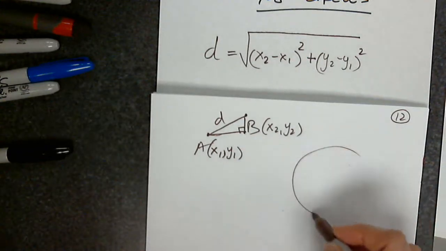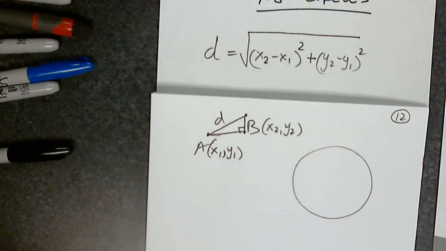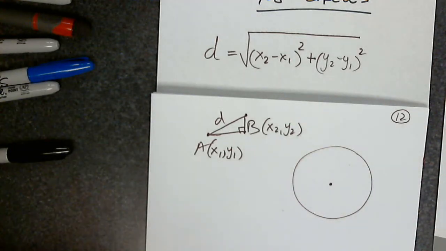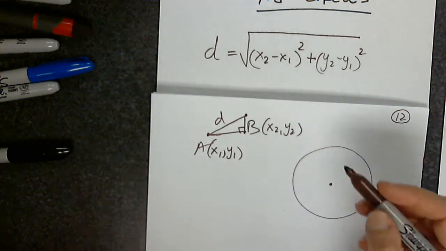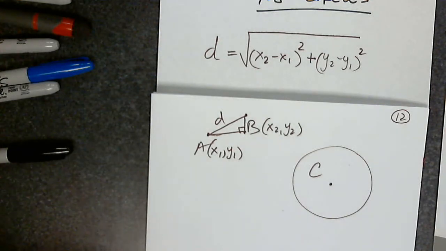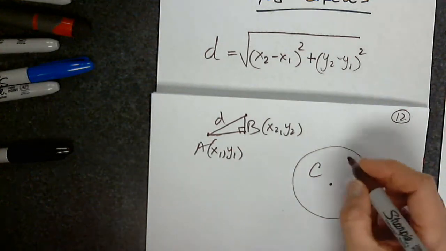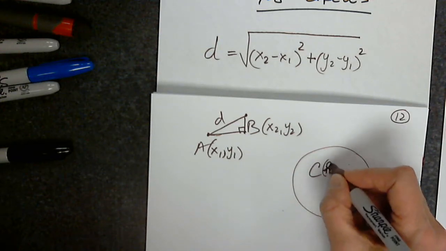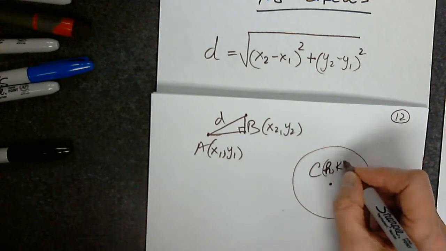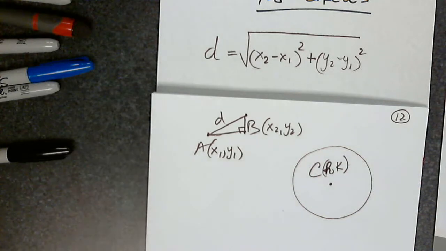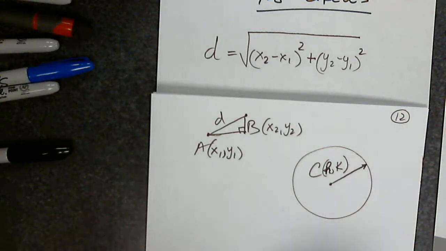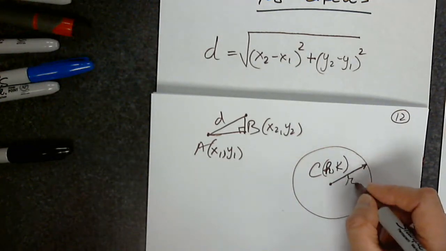So bear with me and say that this is a circle. I know it's not perfect. This is the center. The x coordinate is denoted by h, and the y coordinate is denoted by k, h comma k. And what is this? The radius.